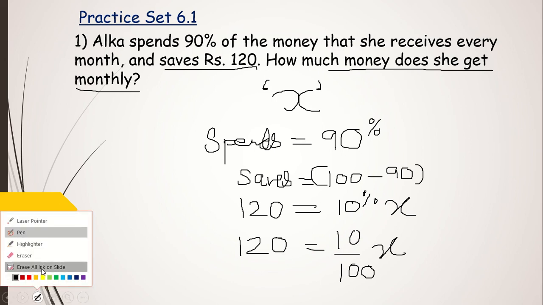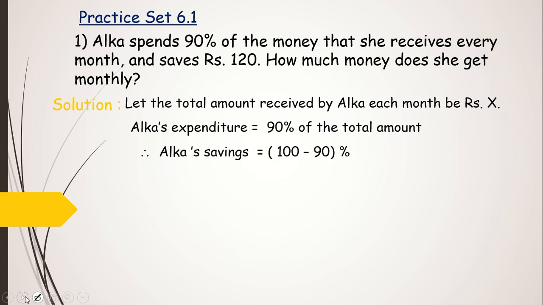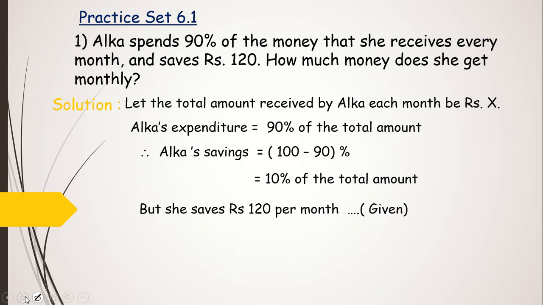That's it. Let's see. Let the total amount received by Alka each month be rupees X. Alka's expenditure is 90% of the total amount. Alka's savings are 100 minus 90%, so that is 10% of the total amount. But she saves rupees 120 per month.